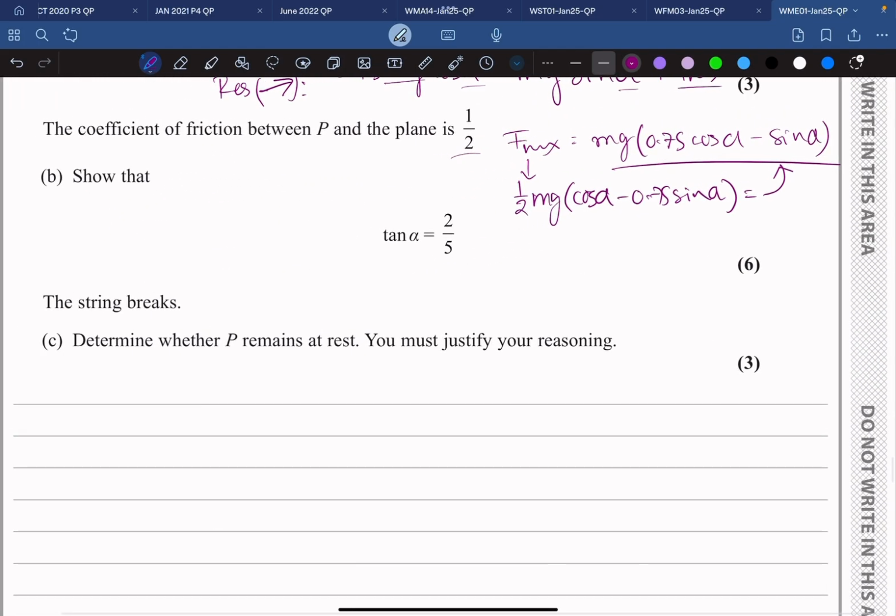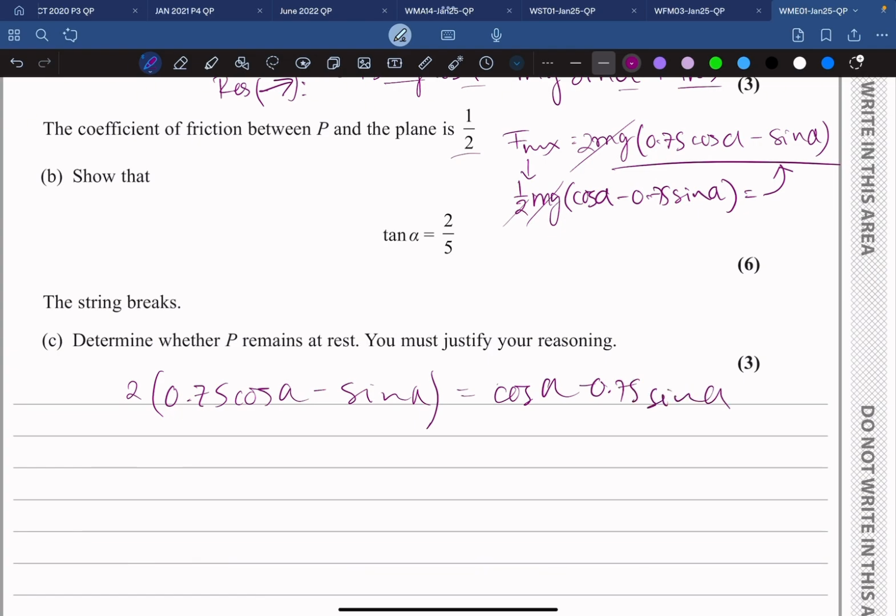I'm just lazy. Don't be lazy when you're solving these problems in the exam. Now you can see that the mg's just cancel out each other. Totally fine. Let's multiply both sides by 2 so that this 2 goes away, and then we have 2.75 times cos alpha minus sine alpha, being equal to cos alpha minus 0.75 sine alpha. And you can probably see where this is going. Well, this is just going to be 1.5 cos alpha.